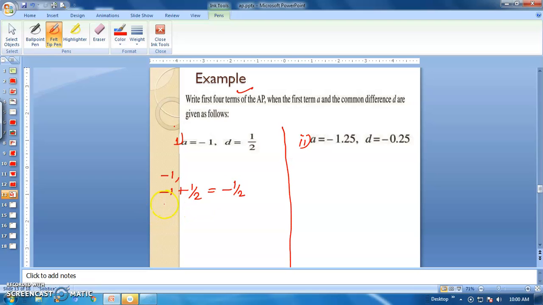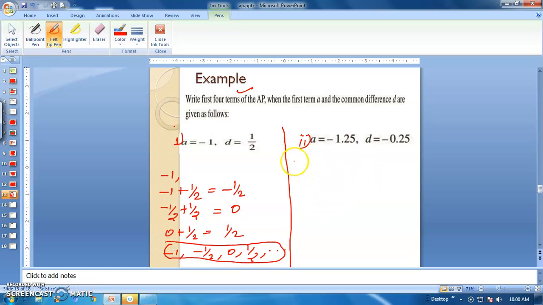And how can we find the third term? The second term is minus 1 by 2, we add the common difference, so we get 0. The next one, 0 plus 1 by 2 equals 1 by 2. So this can be listed as minus 1, minus 1 by 2, 0, plus 1 by 2, etc. That is the required series.